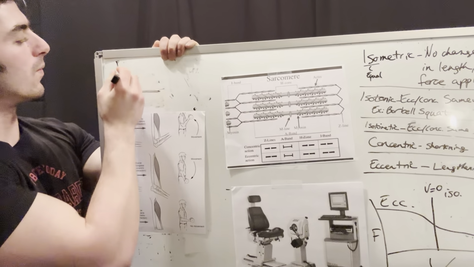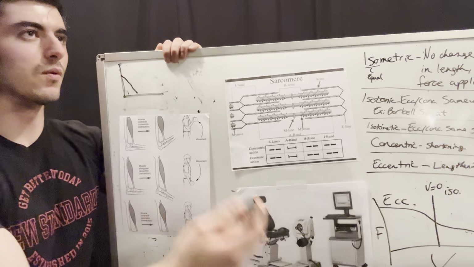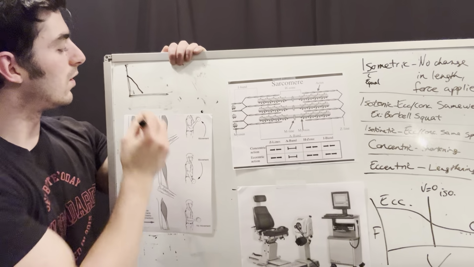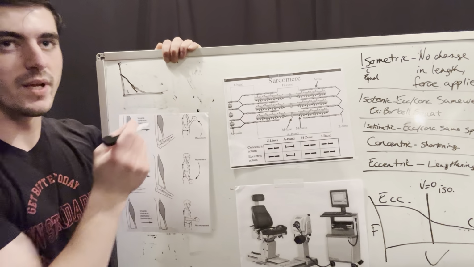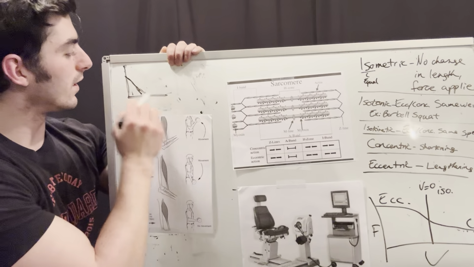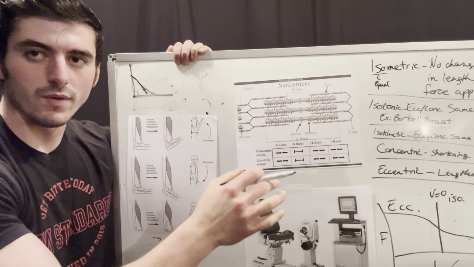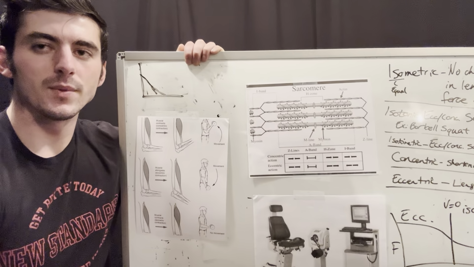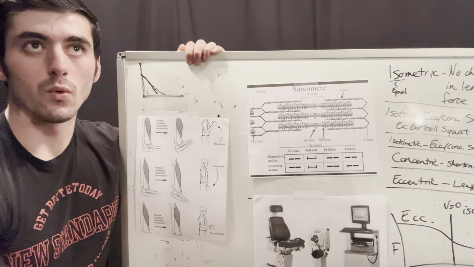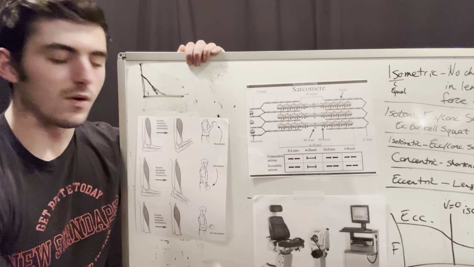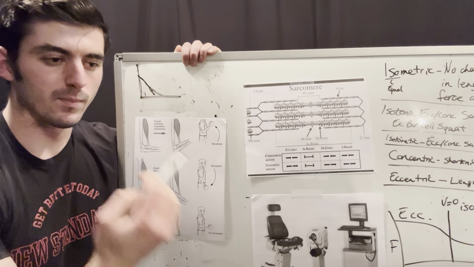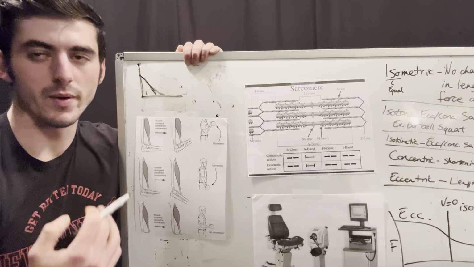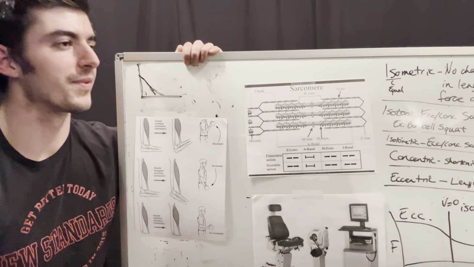If we were to displace the line of pull, or line of action, about another, let's say, centimeter down the distal point of our humerus, we're actually going to be able to generate more moment or torque, with a greater moment arm alongside our arm here, and be able to generate more force to lift heavier weights.